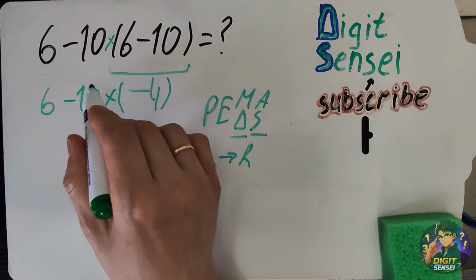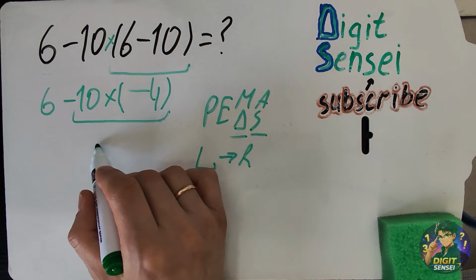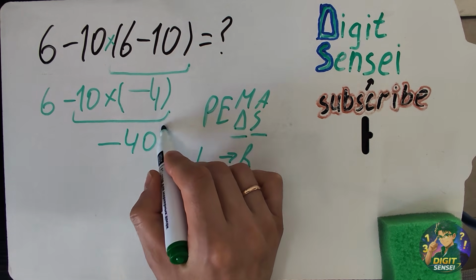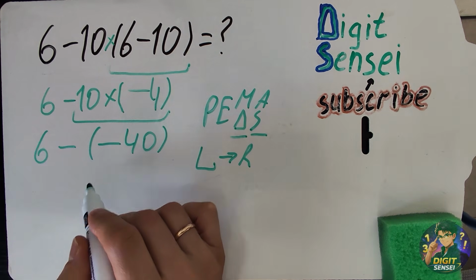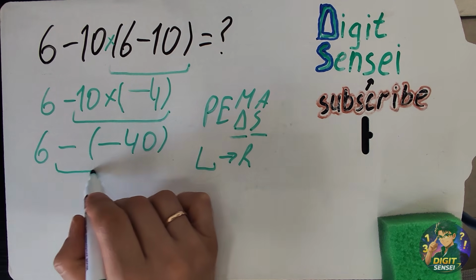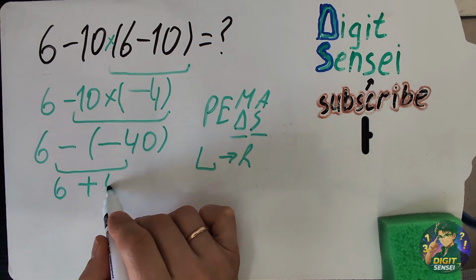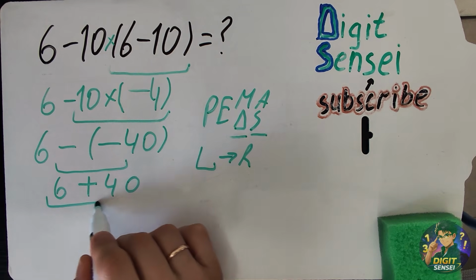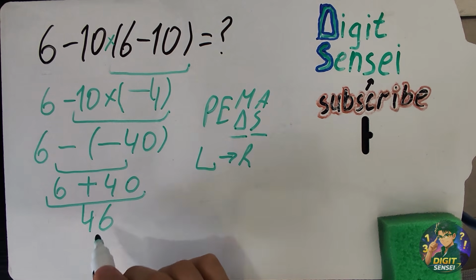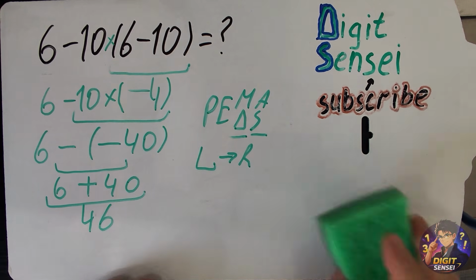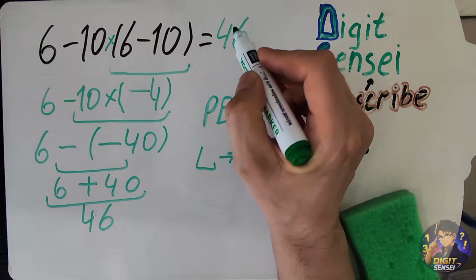So here, first we have to do this multiplication. 10 times negative 4 gives us negative 40. So we have 6 minus negative 40. Now, negative times negative gives us positive. So we have 6 plus 40. And this is equal to 46. And this is our final answer to this problem. The correct answer is 46.